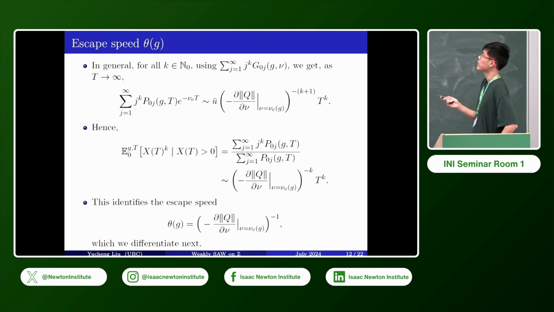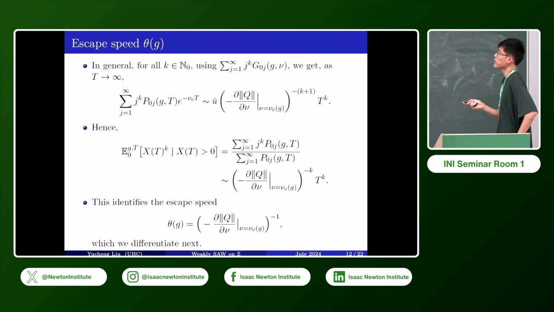And using this, if I do the division to get my moments, it's just this expression. You can see the u bar part comes from both the numerator and the denominator. And the t^k just shows up here. Then this thing has the minus (k plus 1) power, and the denominator has just 1 power. So we get this expression to the power minus k.